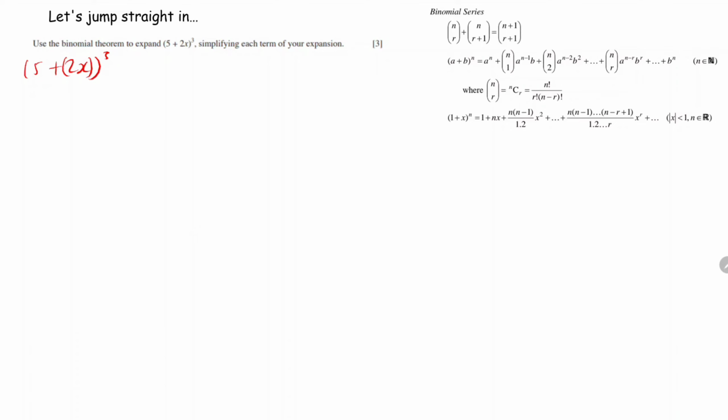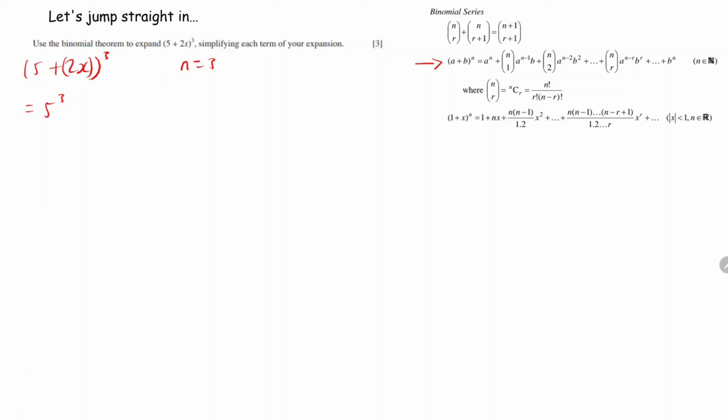Now, we are going to use this expansion method first, with my a being 5 and my b being 2x. So, when we expand this, the first term, we can have a to the power of n. Now, n is equal to 3, so we have 5 to the power of 3 for the first term.